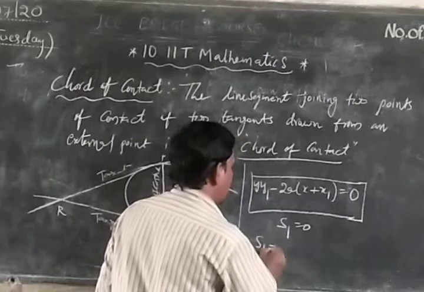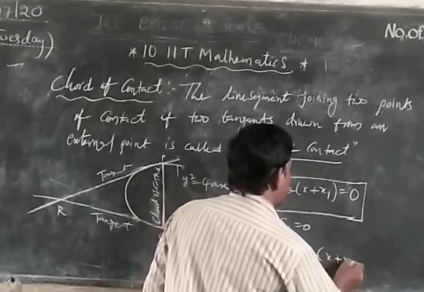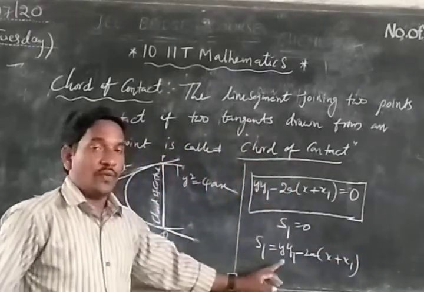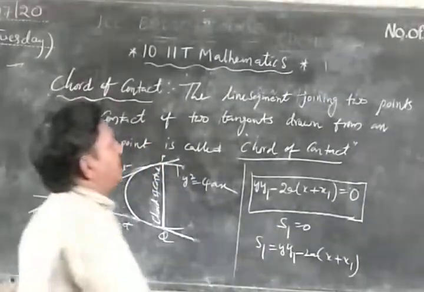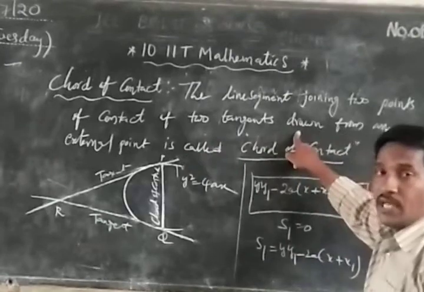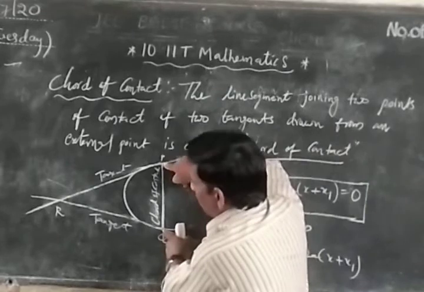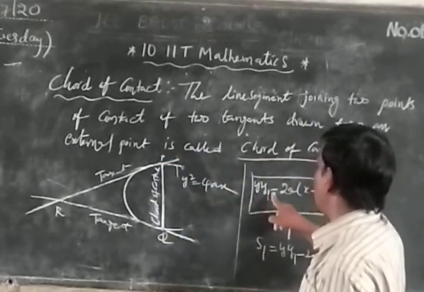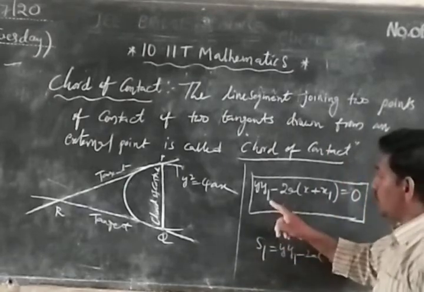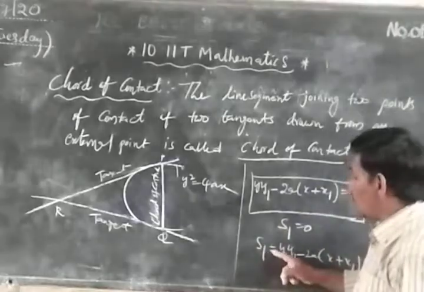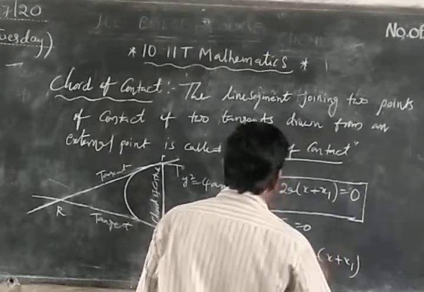So S1 equal to y1 minus 2a into x plus x1. So the line segment joining two points of contact of two tangents drawn from an external point is called chord of contact. Then y1 minus 2a into x plus x1 equal to 0, then S1 equal to 0. It is the notation of the parabola. Okay.